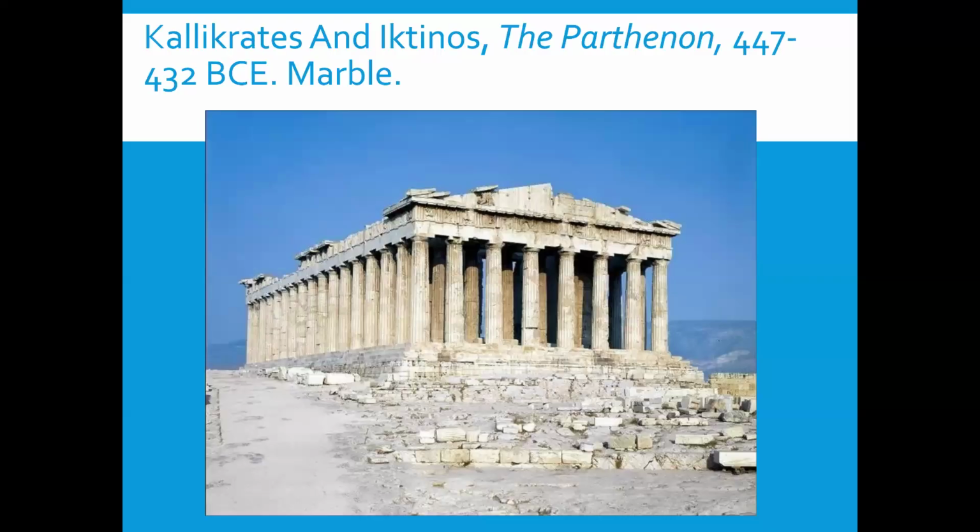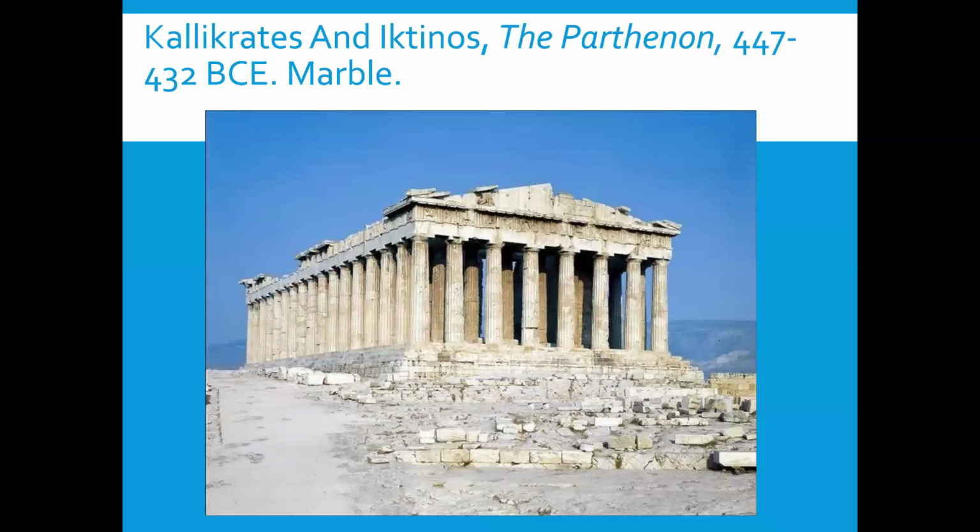So the interior was destroyed, unfortunately. And in 1801 to 1803, Thomas Bruce, Lord Elgin, purchased the exterior sculptures and moved them all to London. It was under the Ottoman rule, a Muslim rule at the time, so this was a legal transaction.